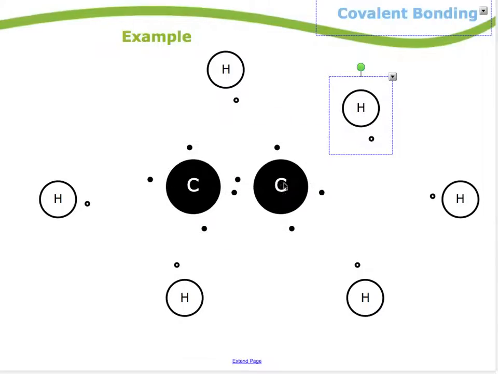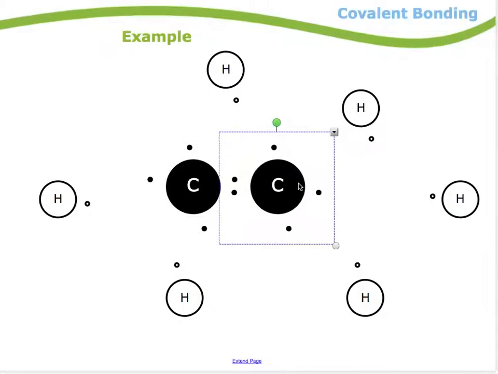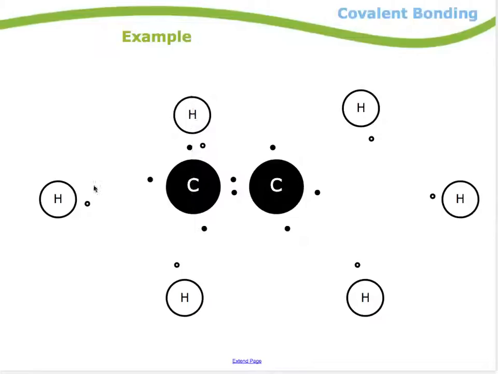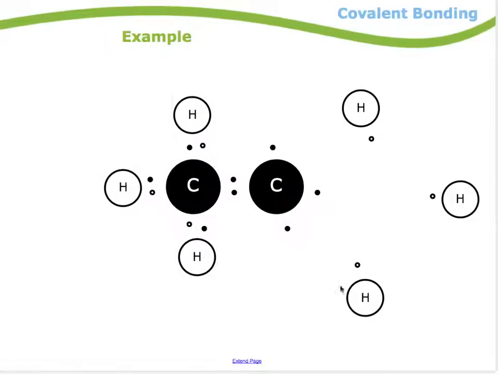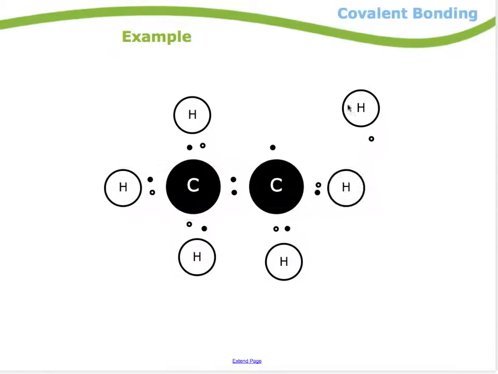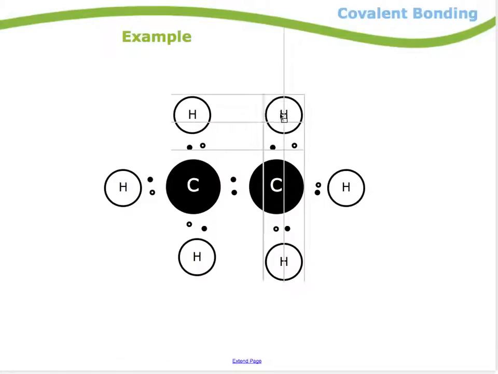So if I have 2 carbons like I do here, they will share with each other so that of these 2 electrons, one belongs to here, one belongs to here. So it shares there, and then it can share with that one, and it can share with this one. Here's another hydrogen that can share, another one, another hydrogen over here, and the final hydrogen there.